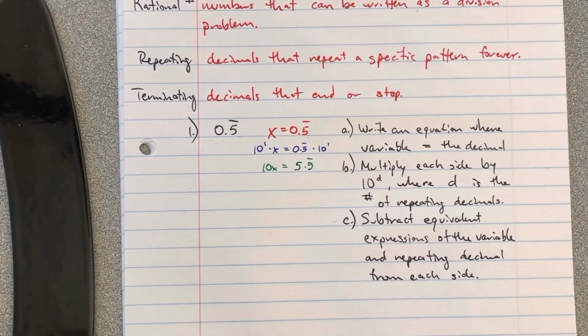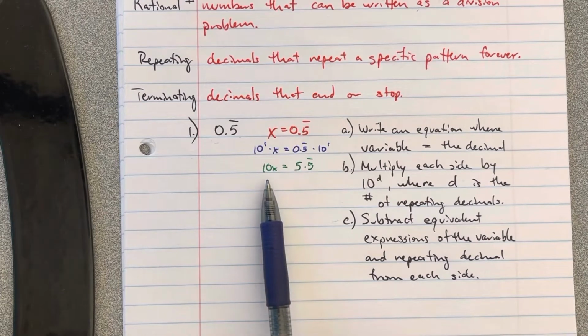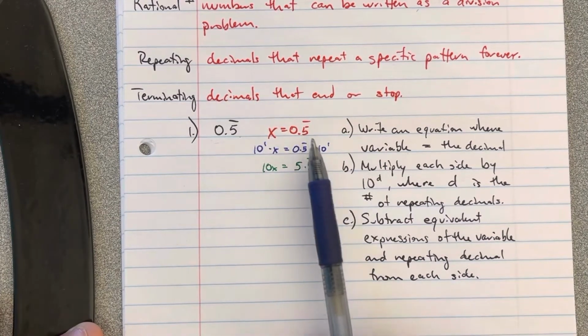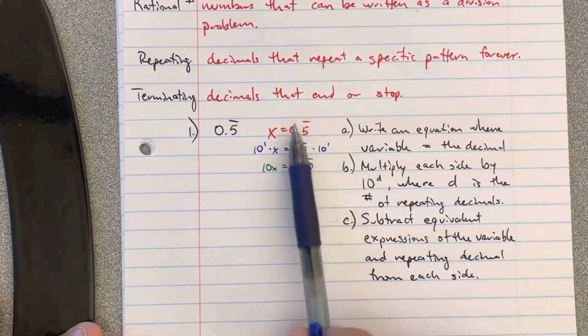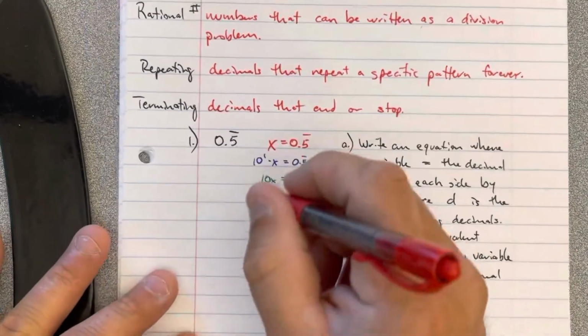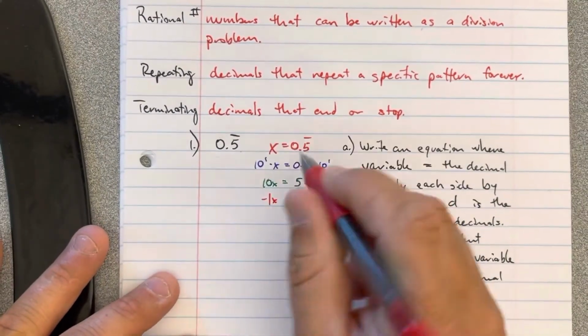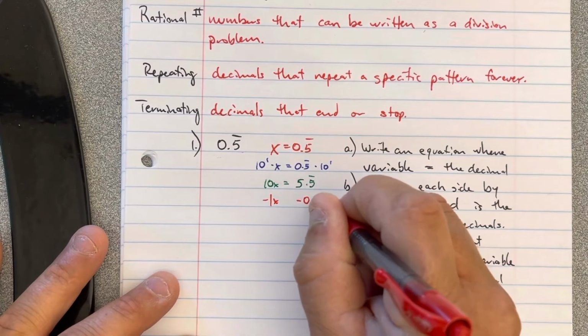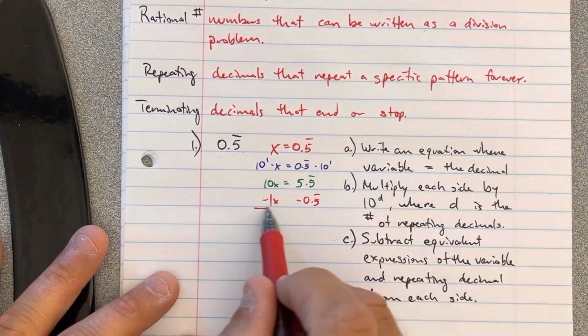So I'm going to subtract 1x from this side, and I'm going to subtract 0.5 repeating from the other.